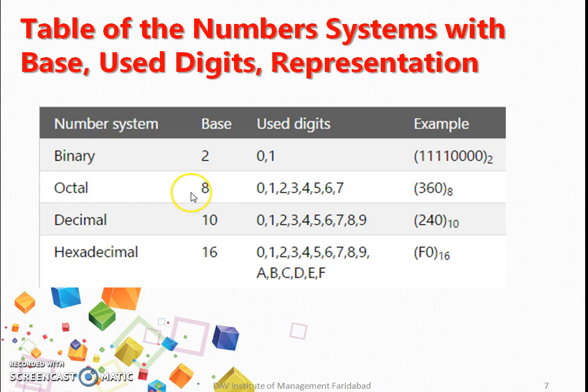Then is octal with the base 8, digits 0 to 7. This is the example. Next, decimal with the base 10, 0 to 9 with an example. Next, hexadecimal with the base 16, 0 to 9, and then after 9, A, B, C, D, E, F till 15, that is 0 to 15. This is how we represent in hexadecimal number system.